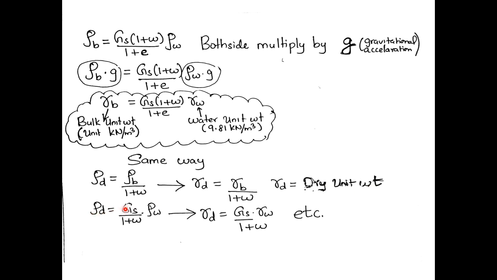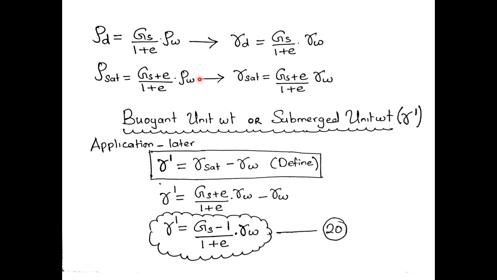All equations, instead of rho on both sides, we can substitute gamma. In the same way, for gamma saturation, use gamma W instead of rho W.